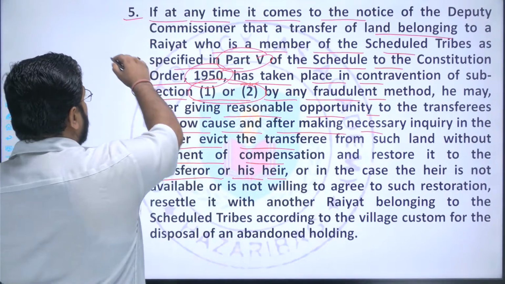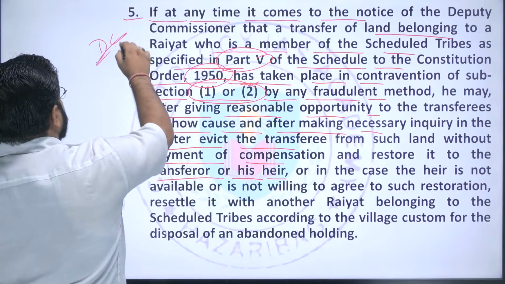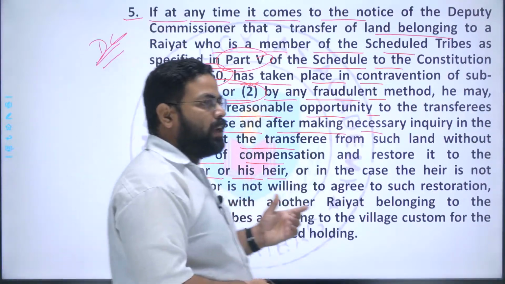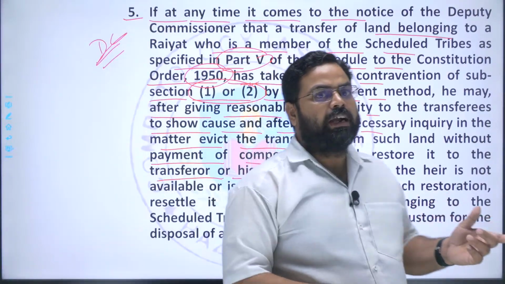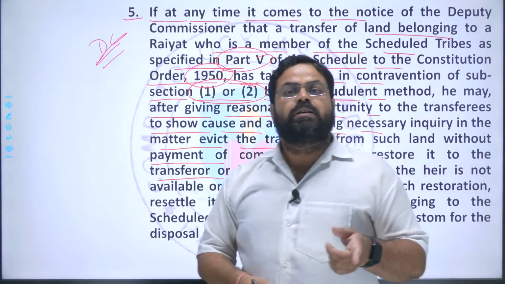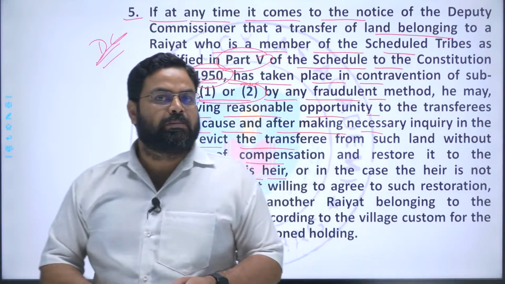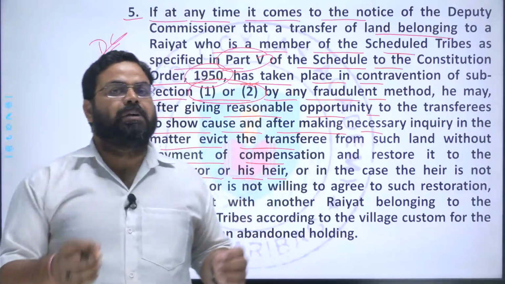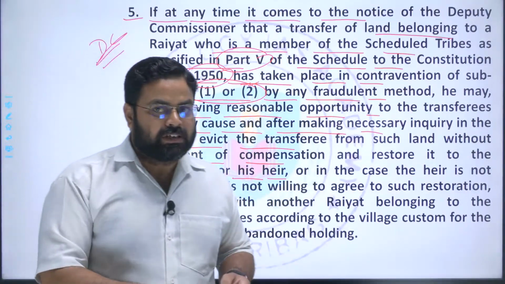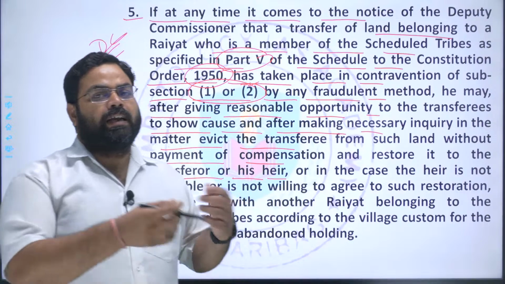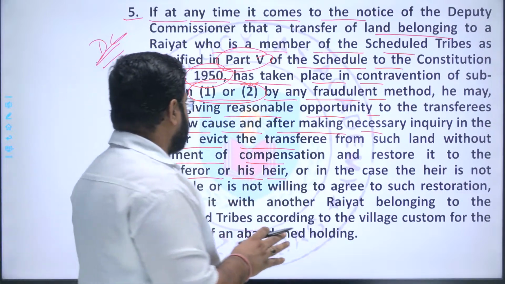The DC will order the eviction of the transferee, the person who has received the land, and that land will be restored back to the transferor without the payment of any compensation. Doesn't matter what amount he had paid before getting that land transferred in his name, right?